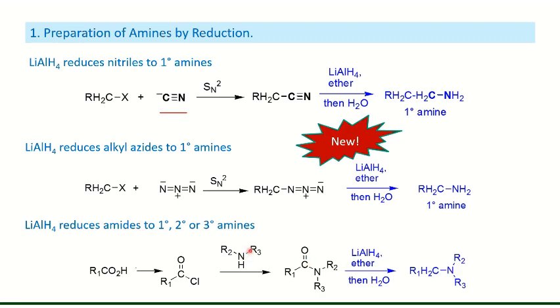You could even start here, for example, with a primary amine, attack this, and now one of these would be a hydrogen. So you would end up with a secondary amine. If you used ammonia, then this would be NH2, and once you reduce it, you would end up with a primary amine.